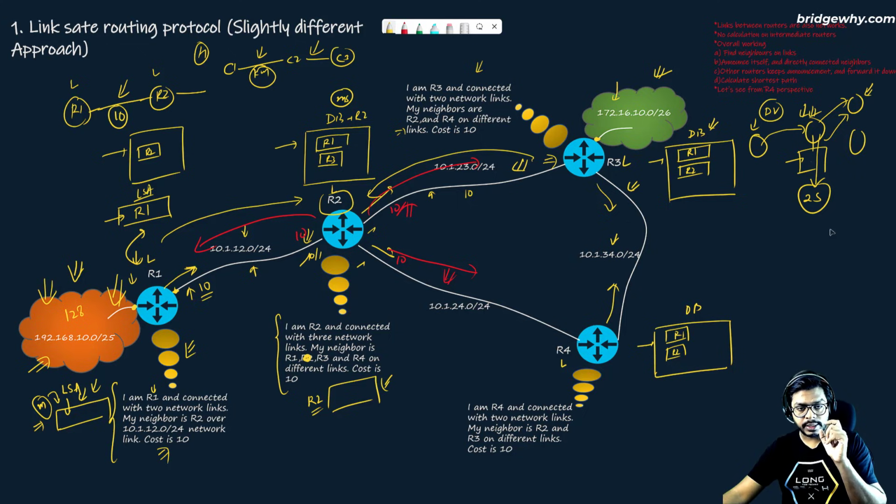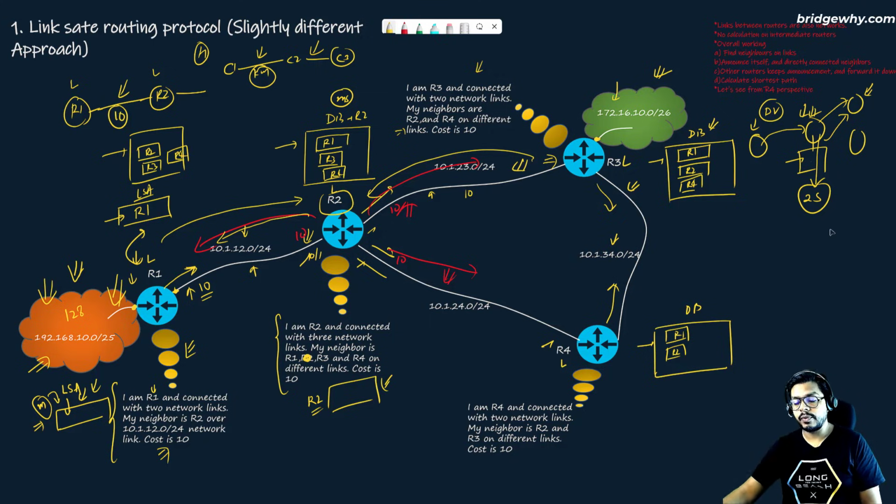It is going to put this into its database and continue forwarding from here and here also. And R1 is going to see this again, meaning R3. Just try to think what I'm trying to build here. Again, when R4 does the same thing, it is going to be in R3's database, in R2's database, and in R1's database within no time, right?